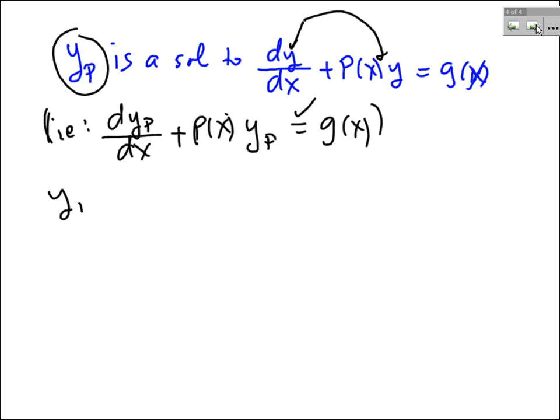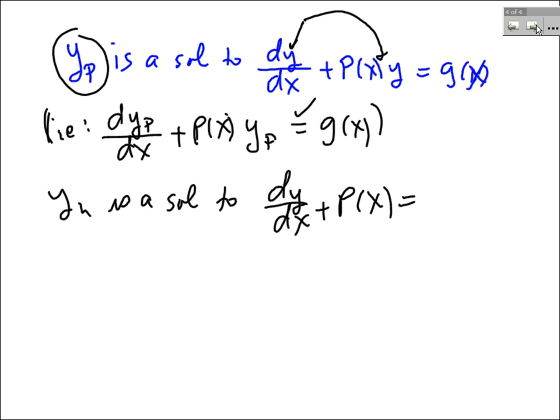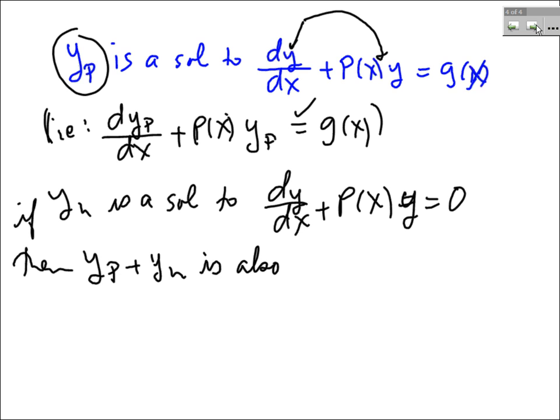Now, if y sub h is a solution to the homogeneous equation, that is, g of x is 0, then yp plus yh is also a solution to this linear equation.